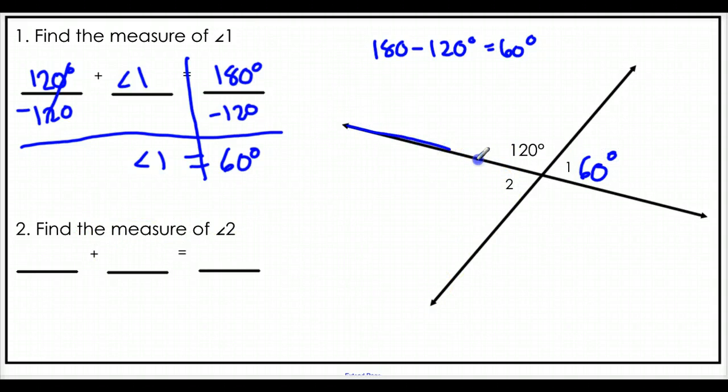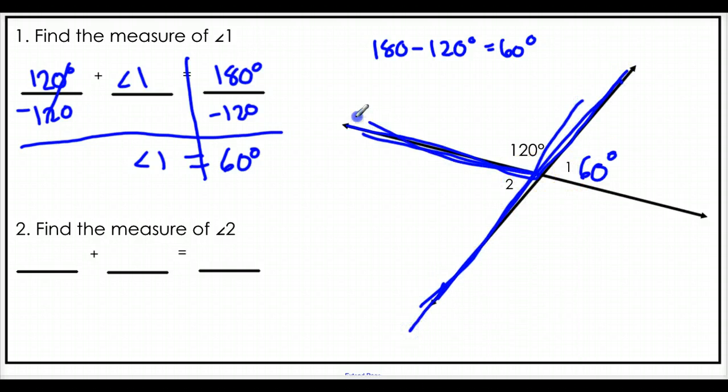Once again, if you look at this angle and this angle, they form a straight line again. Right here is a straight line, right? And you've got this going in the middle of it. So we know angle 2 plus 120 degrees, doesn't matter what order you put that in, equals 180 degrees.